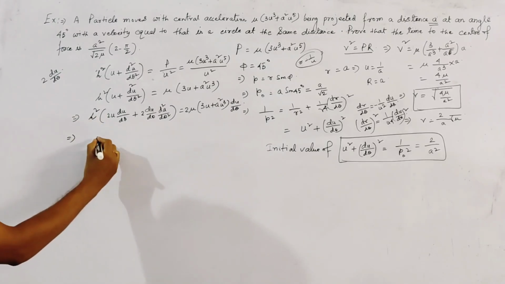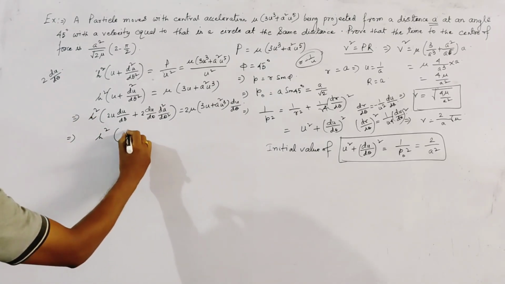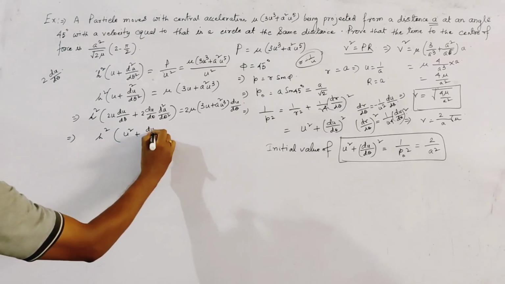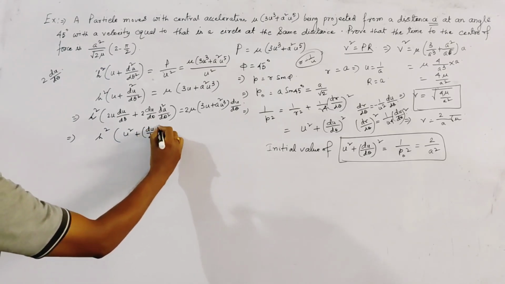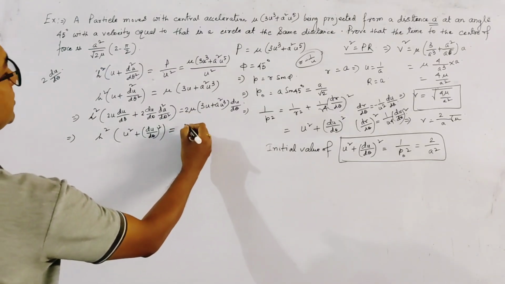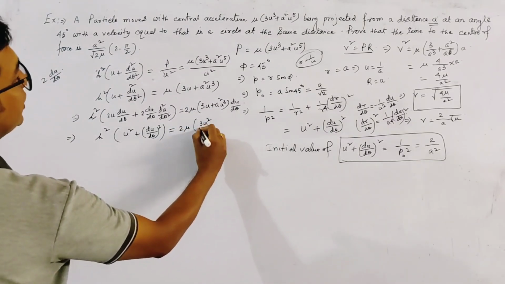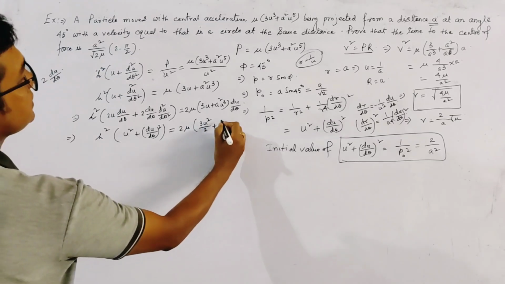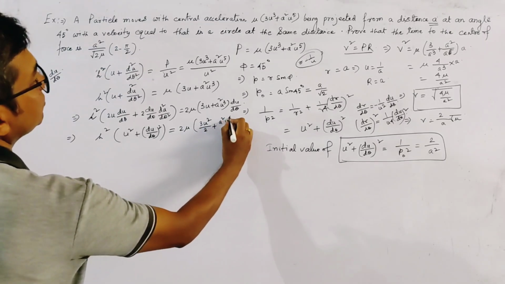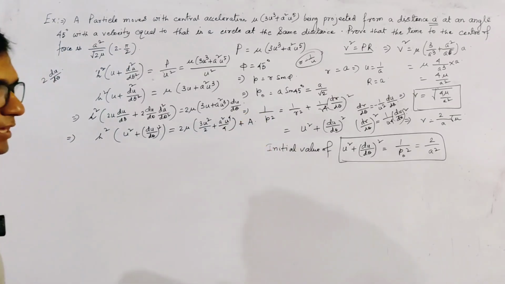Integrating, we get h square into (u square plus (du d theta) whole square) equal to 2 mu into (3u square by 2 plus a square u to the power 4 by 4) plus another integrating constant, a.